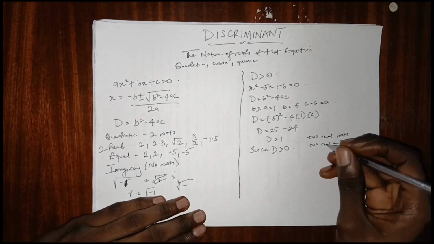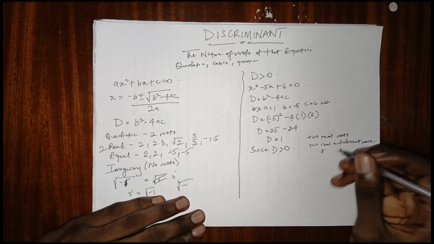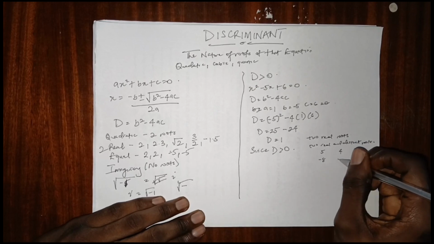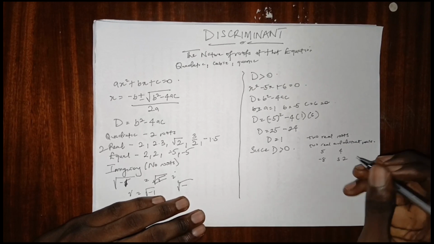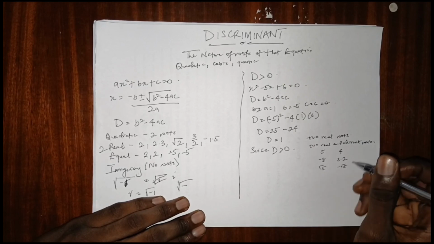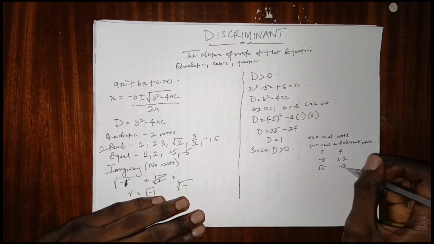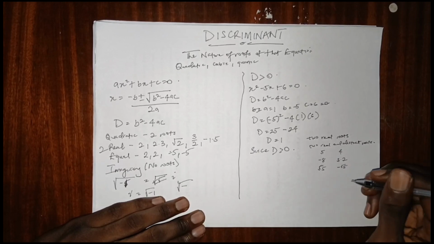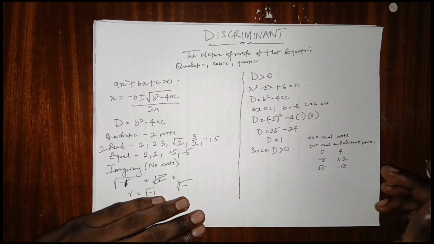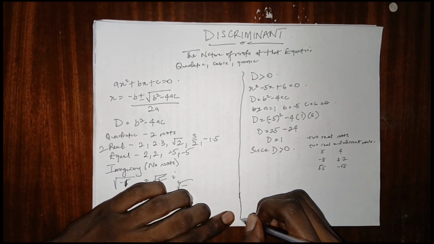For example, the answers could be 5 and 4, or minus 8 and 3.2, or root 5 and minus root 5. You can have that, as long as they are not equal.